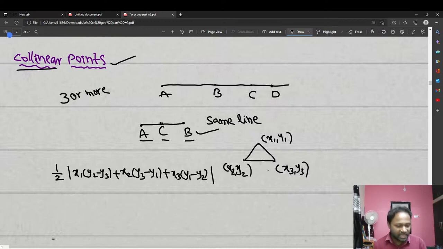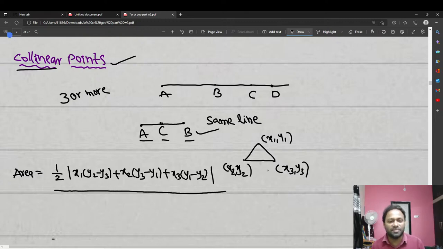This comes from determinants. You need to remember this area of the triangle formula.